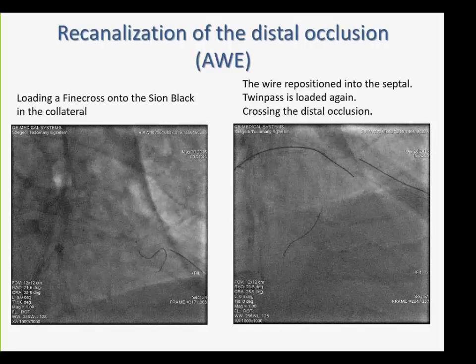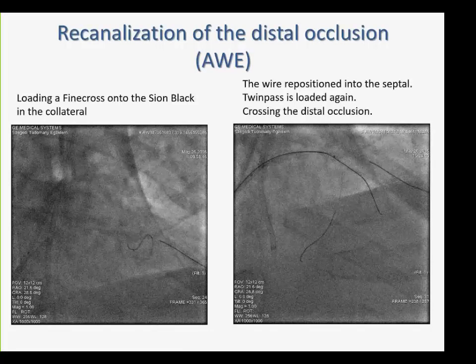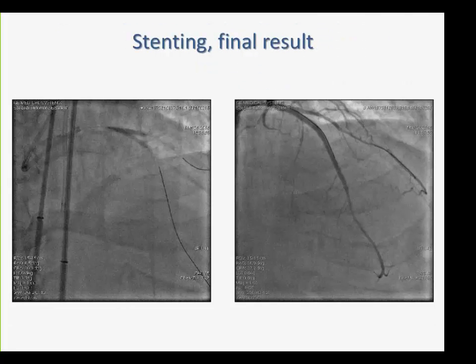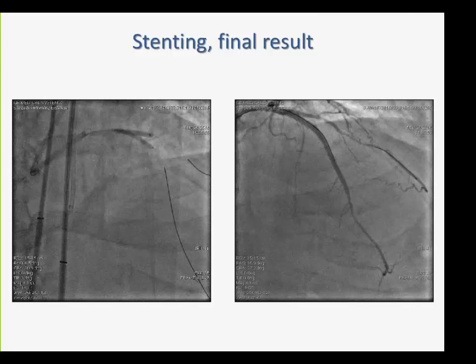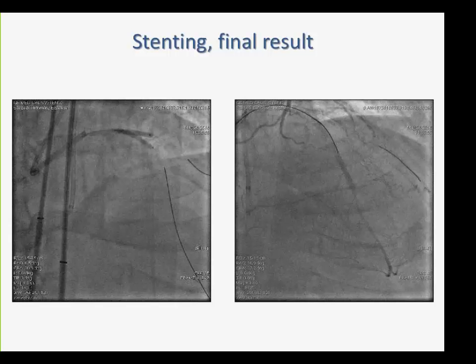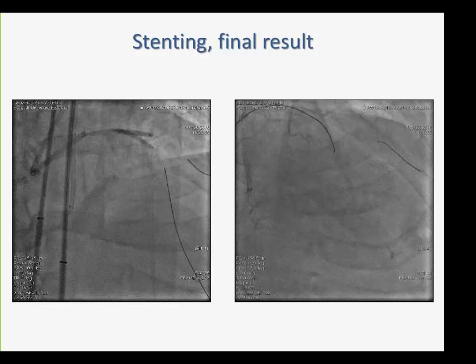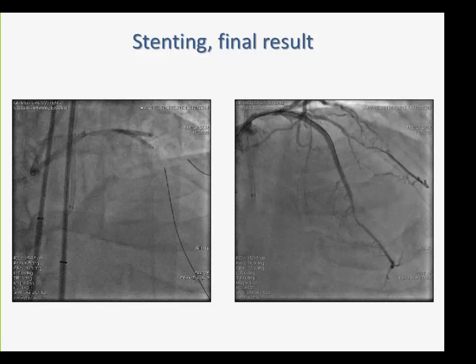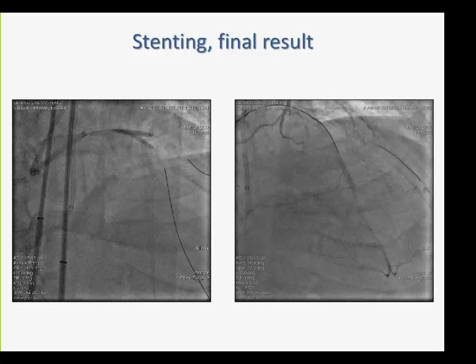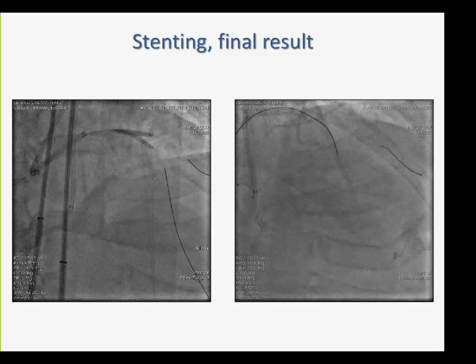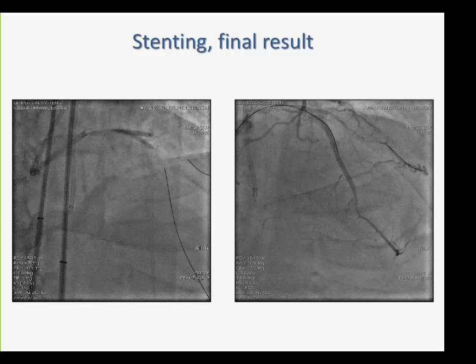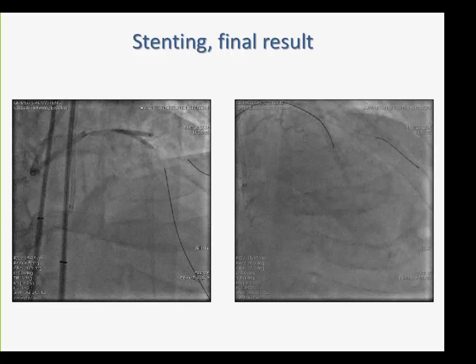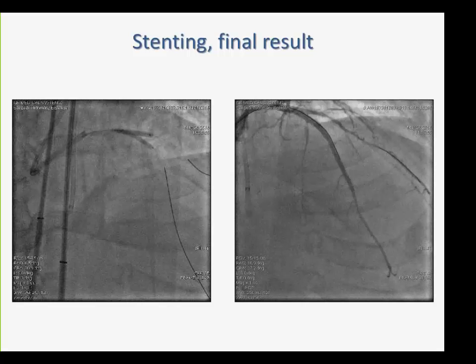After these manipulations, we could remove the septal wire. We did, because there was a very short subintimal part in the diagonal branch. So for safety, we did a low-pressure kissing dilation in the LAD and the diagonal branch.